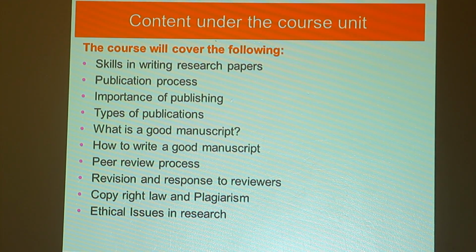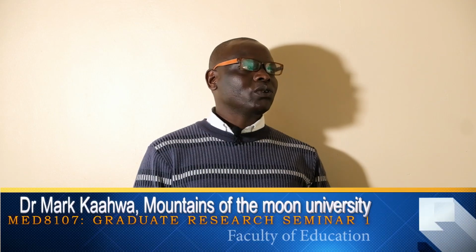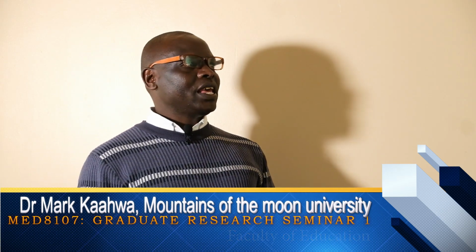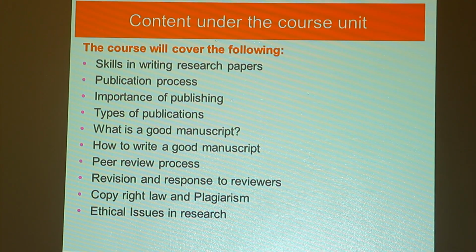How does a student revise a manuscript, and how does a scholar respond to the reviewer's comments? Then we shall also look at the copyright law and plagiarism, and also the ethical issues in research. Once we look at those aspects, then you'll be good to start writing good manuscripts, which can be accepted for publication first round.